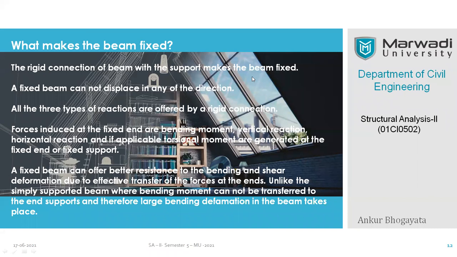A fixed beam can offer better resistance to bending and shear deformation due to the effective transfer of the forces at the ends. So here we are appraising the fixed beam for its capacity to resist moments and deformations and other transitions effectively.